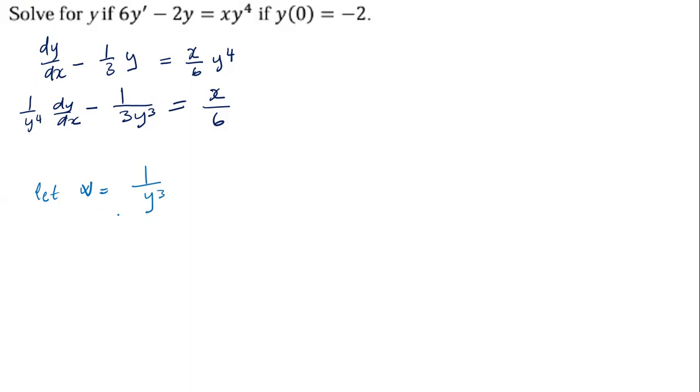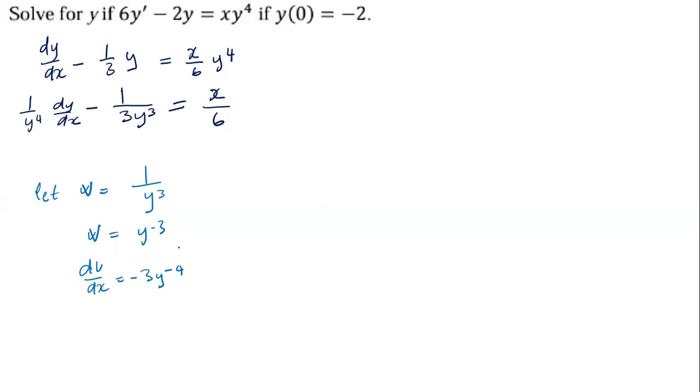And then now we have V is equal to Y to the power of -3. And then let's differentiate this equation. We have dV over dx is equal to -3Y to the power of -4, right? We subtract 1.